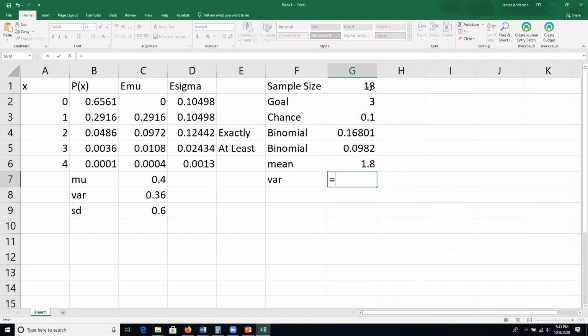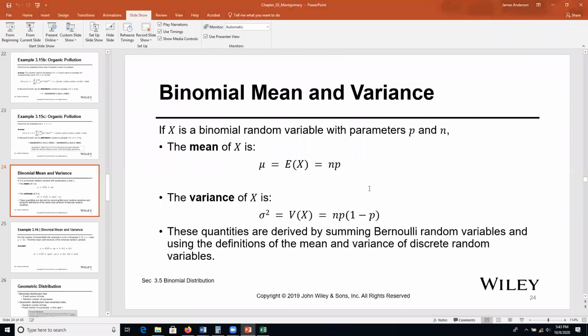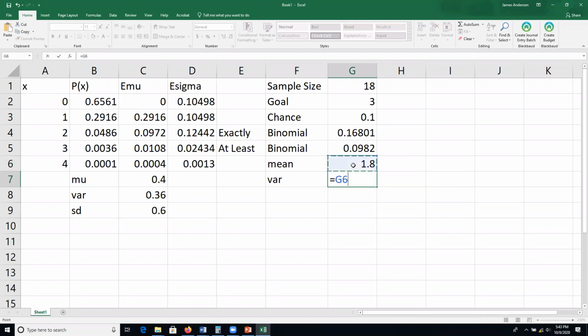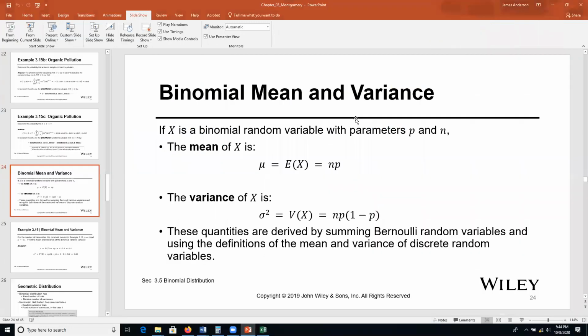My variance is going to be my mean times 1 minus your probability, so 1 minus chance. Easy enough to calculate. Like I said, use computers. Don't get it wrong.